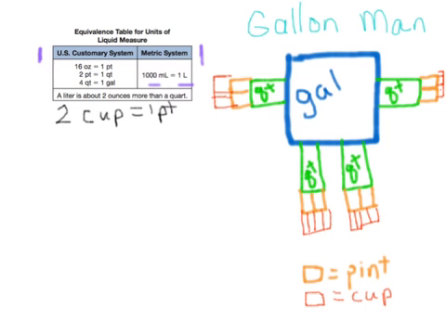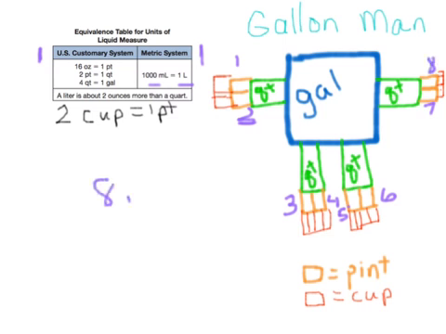So if I was to ask you how many pints were in a gallon, I would count 1, 2, 3, 4, 5, 6, 7, 8.